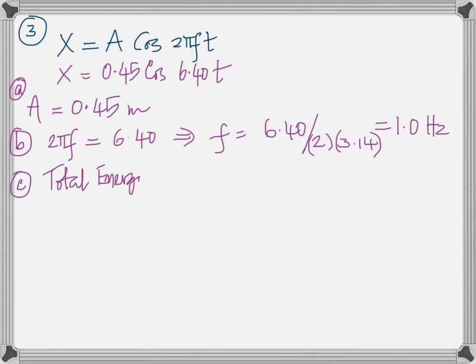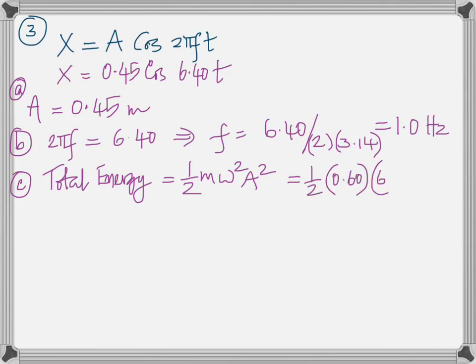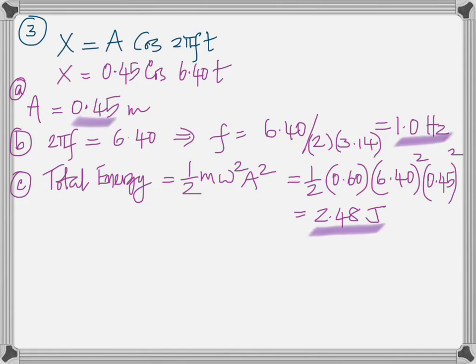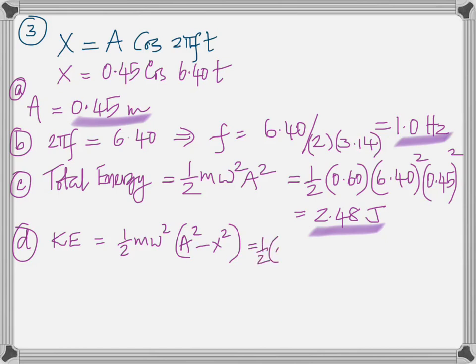And then you have to find the total energy using 1/2 m omega squared a squared, which gives 2.48 joules. And then you have to find the kinetic energy, which is 1/2 m omega squared times a squared minus x squared. And x is given as 0.3 meter.